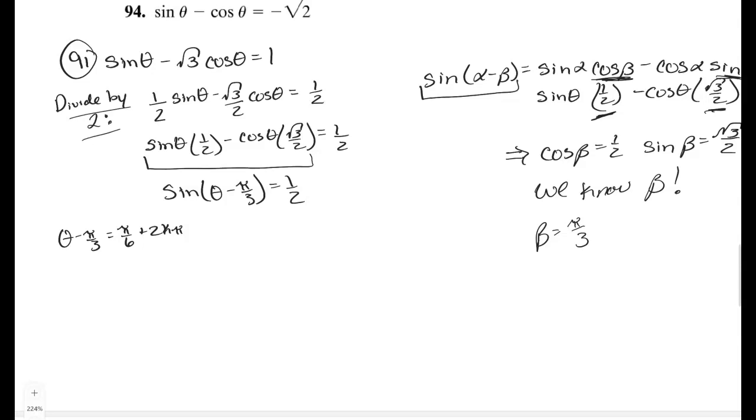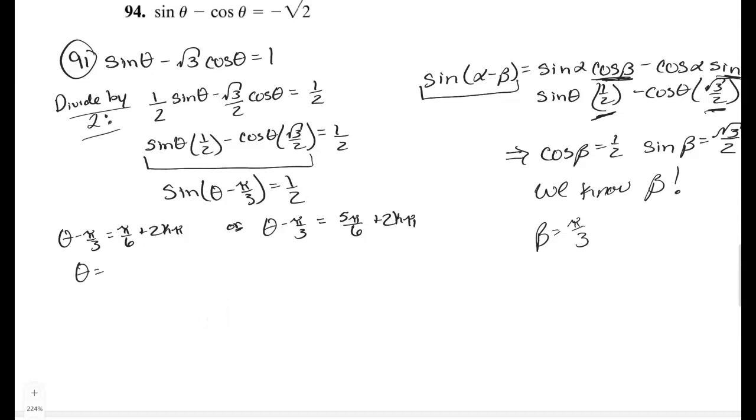Pi over 6, and we can go around again: 2 pi plus pi over 6, and so on. Or it could be 5 pi over 6, which is in the second quadrant, plus 2k pi. So this is my general solution once I solve for theta.